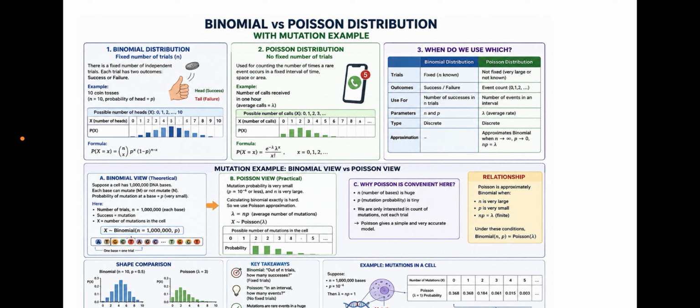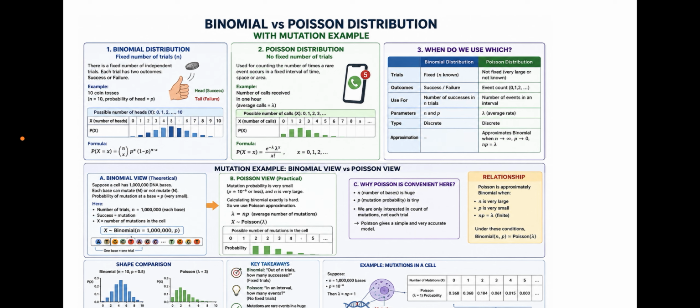We use binomial probability. Whereas the Poisson distribution is completely different. Here there are no fixed trials like 10 trials or 20 trials. There are no fixed trials, but in the Poisson distribution we calculate the probability at a given time or at a given place, like that.